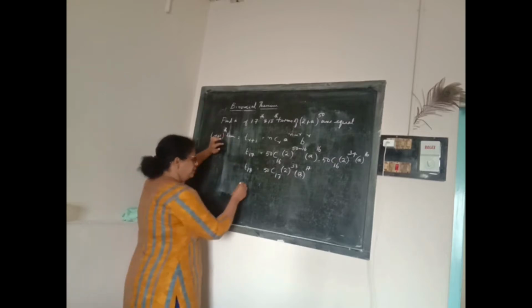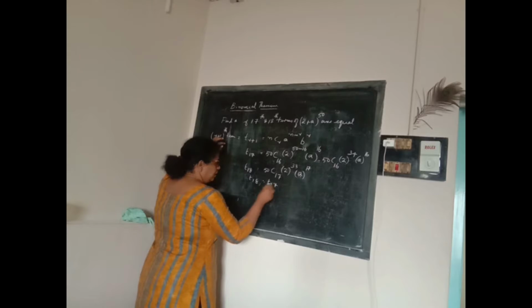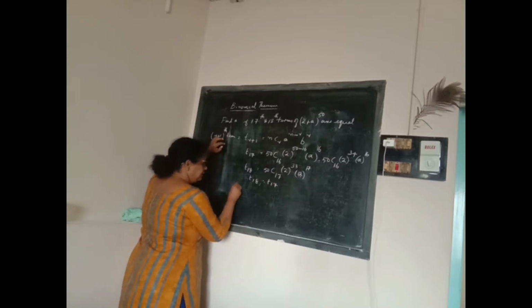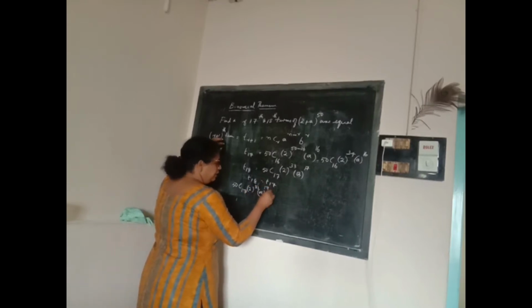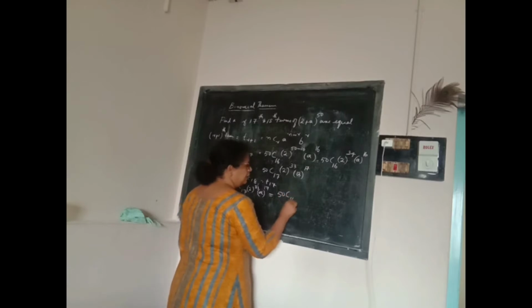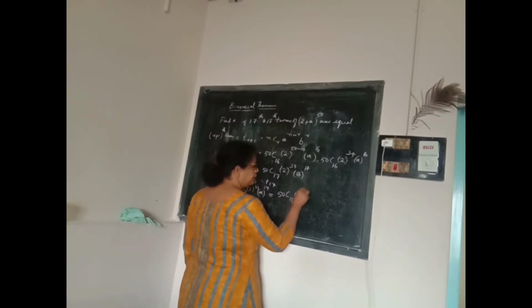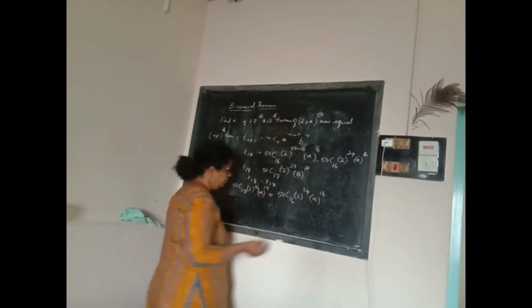Let us equate T18 equal to T17: 50C17, 2 raised to 33, a raised to 17 equals 50C16, 2 raised to 34, a raised to 16.